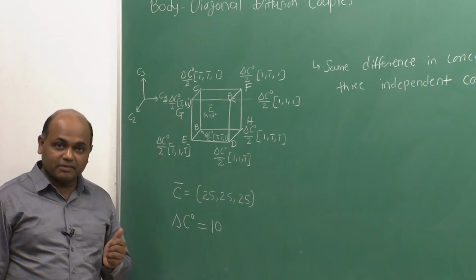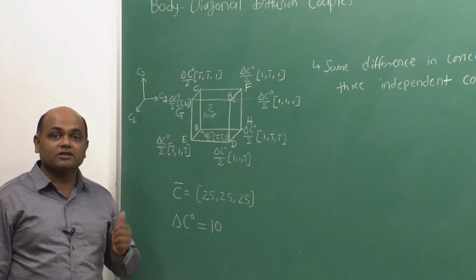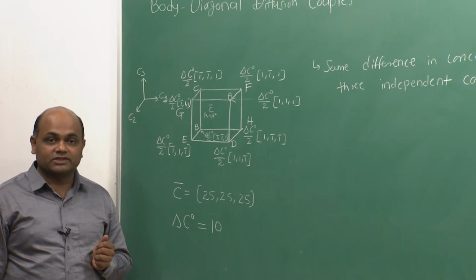So, we can write 9 independent equations and we can solve for 9 quaternary interdiffusion coefficients.